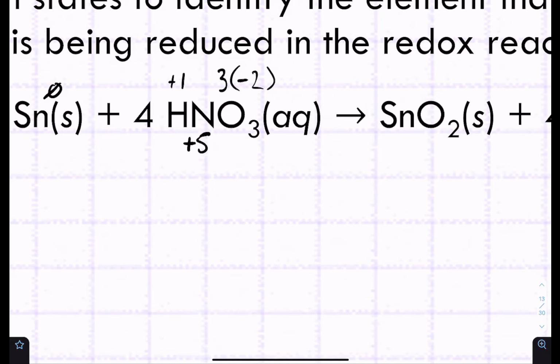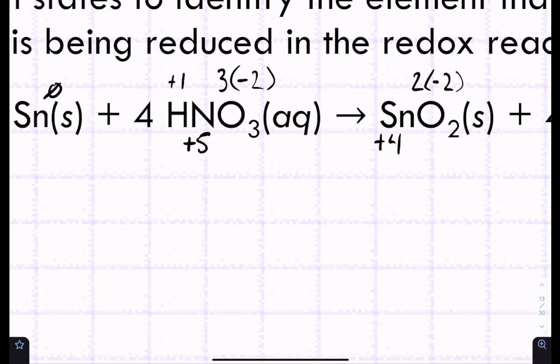So we start with oxygen, and that's going to be a -2. We can do it like this, -2 times 2 of those. So tin is, yeah, +4. Remember, the reason these add up to 0 is because that molecule, that ionic compound, doesn't have a charge written for it.